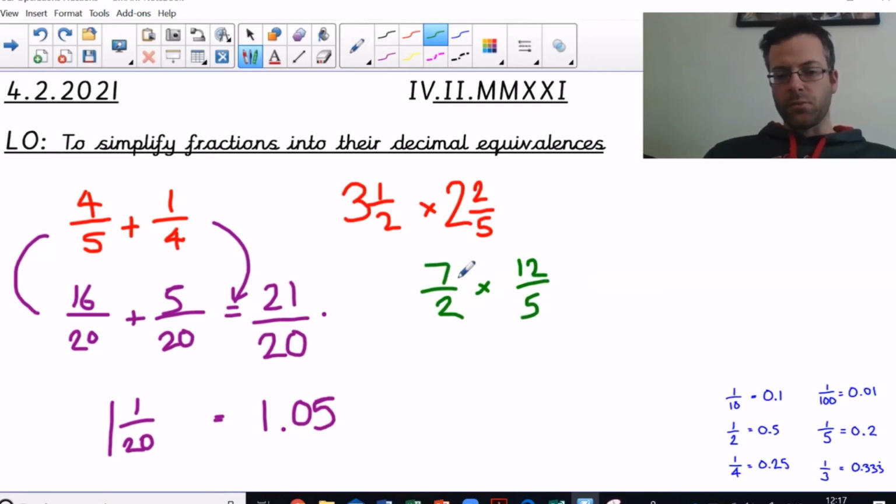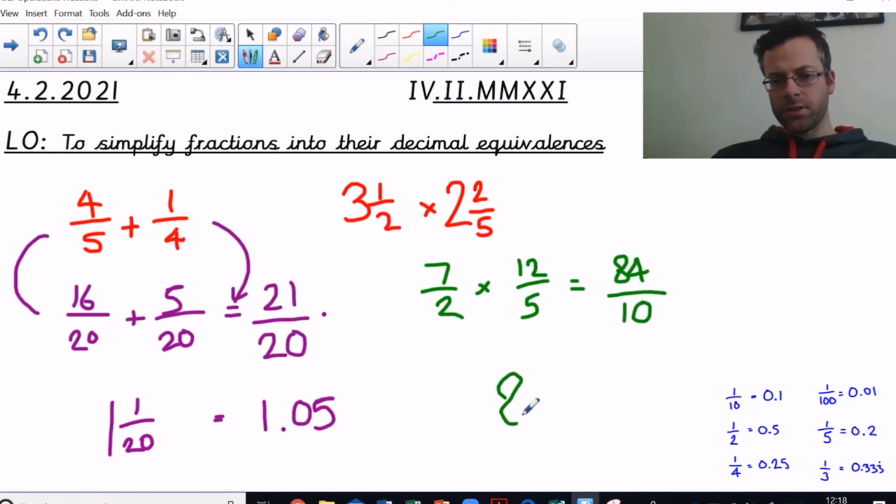If I multiply, we do numerator times numerator and denominator times denominator, so I'm left with 84, because that's 7 times 12, over 10. Then I can work out, well, that means that I've got 8 wholes, because I can fit 8 lots of 10, with 4/10 left over. If 1/10 is 0.1, then 4/10 must be 0.4, so my answer is 8.4.